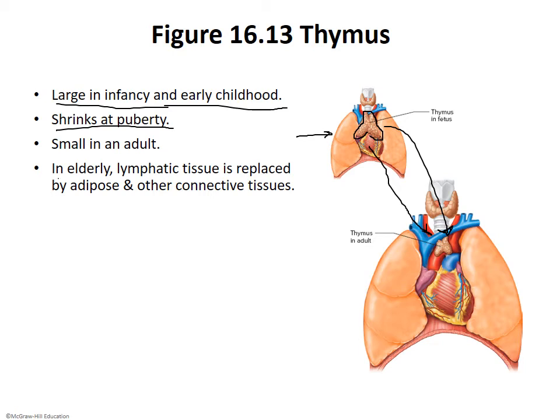But as you start aging, the tissues of it start being replaced with adipose and other connective tissue. And again, it's always about use it or lose it. Our immune system does not do well in a super sterile environment. Everything in our body needs exercise, needs strengthening.